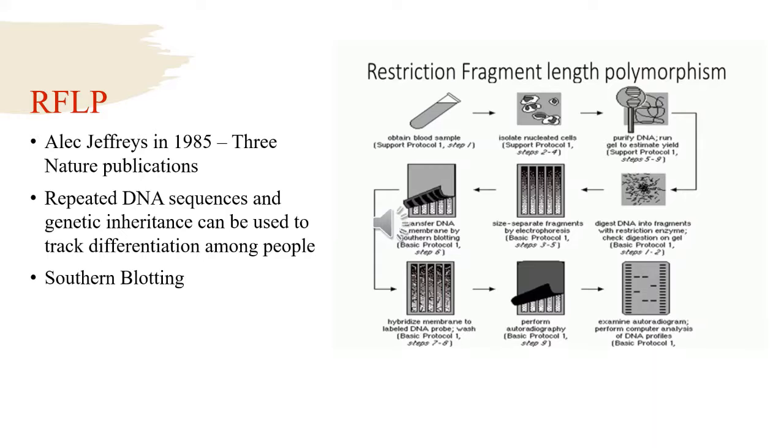Excess probe was then removed with several washes of the membrane. Finally, the location of the probe was noted by placing it in contact with X-ray film. The resulting position of a band in the autoradiogram was then recorded. The band positions can be analyzed by means of molecular markers analyzed in parallel.